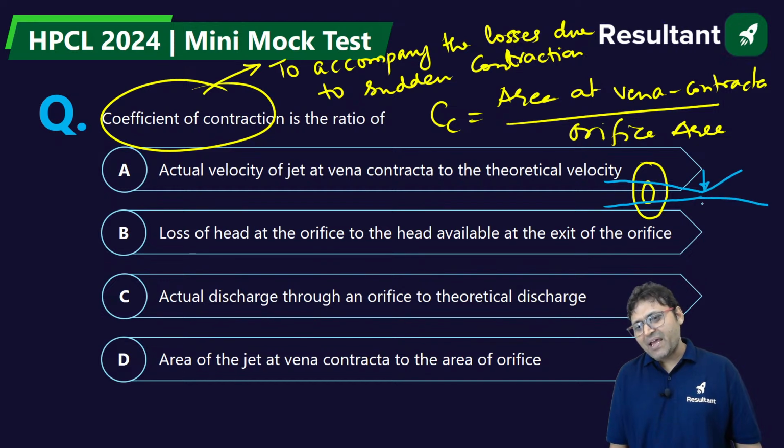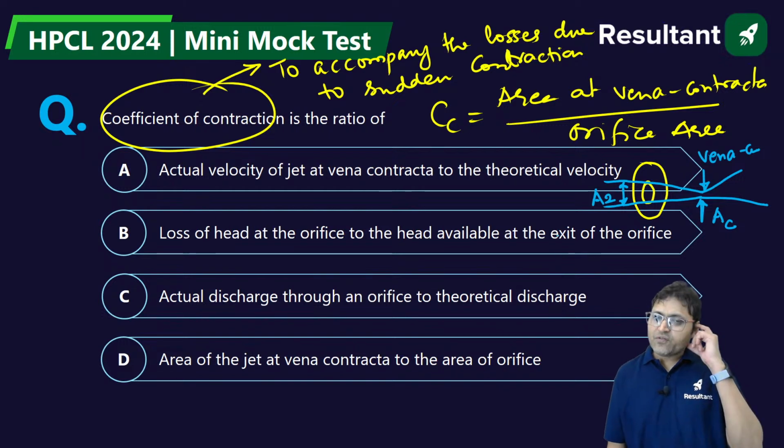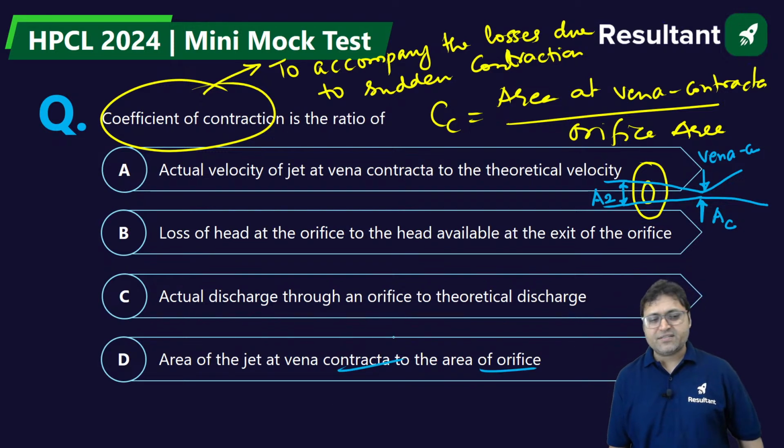So the minimum area is the area at vena contracta. This is vena contracta. And here this area is A2, orifice area. So the ratio of the area of the jet at vena contracta to the area of orifice, AC by A2, is the coefficient of contraction.